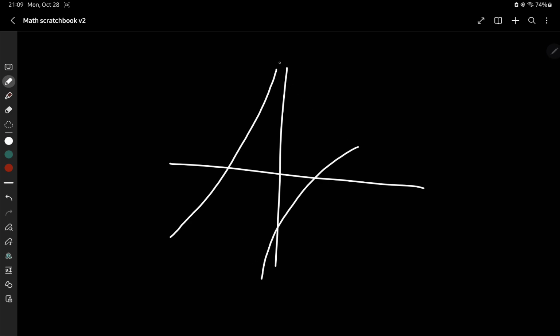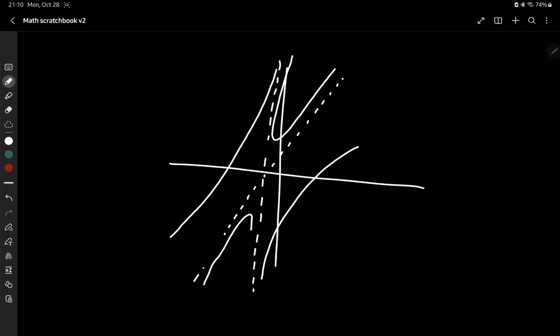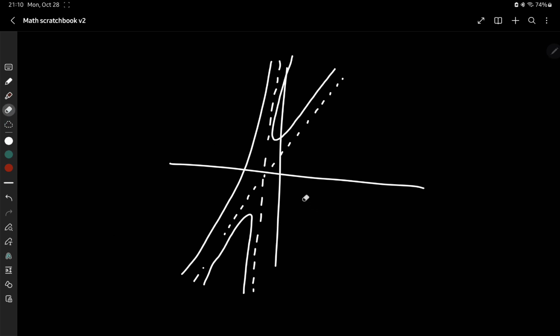We can get a line like that where the vertical asymptote's like there, and then we get a different type of asymptote here. Again, horribly drawn. Do not use this in your exams. Or we can get another line that goes like so. I should probably draw this closer and this one closer.